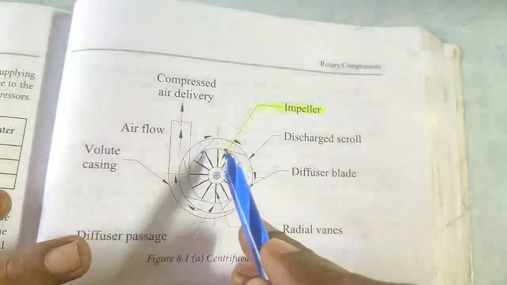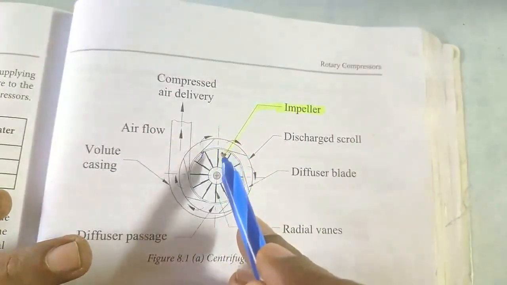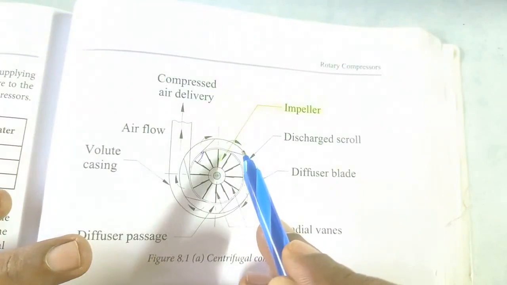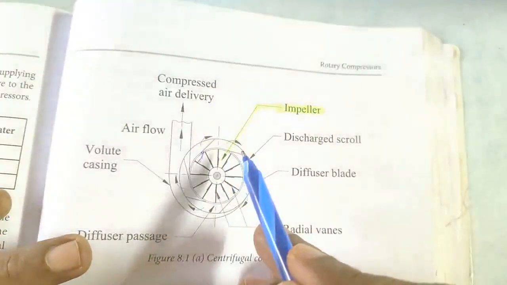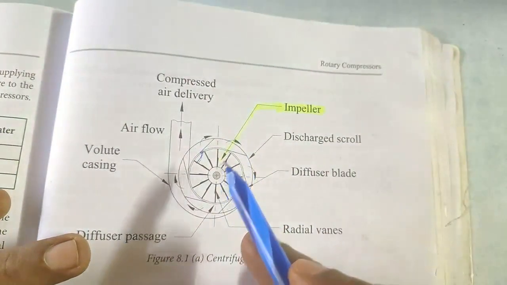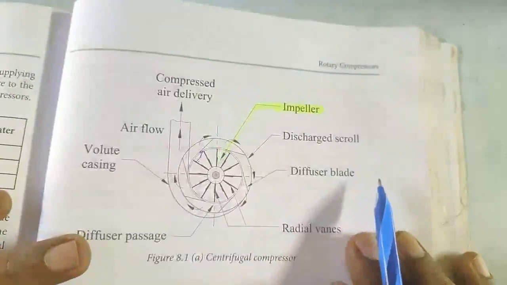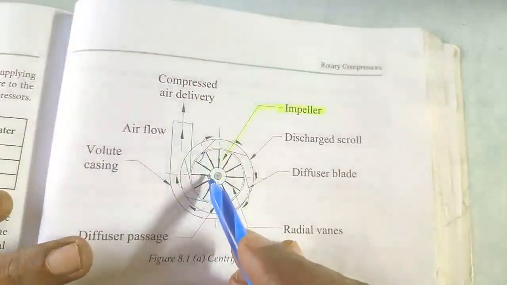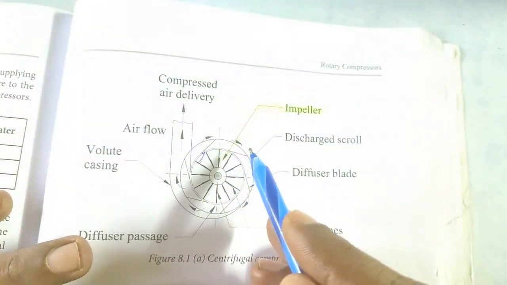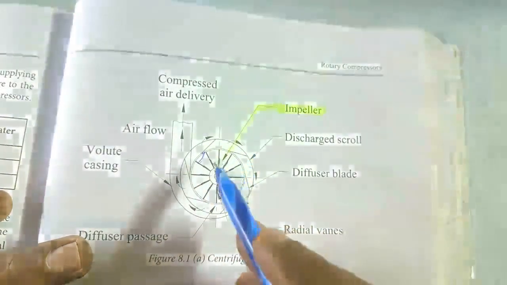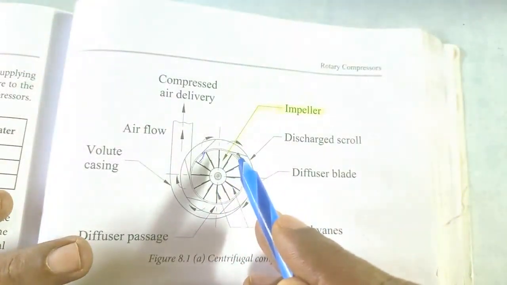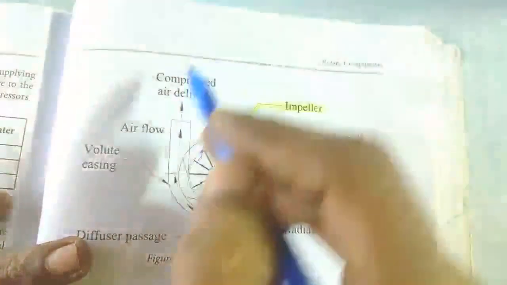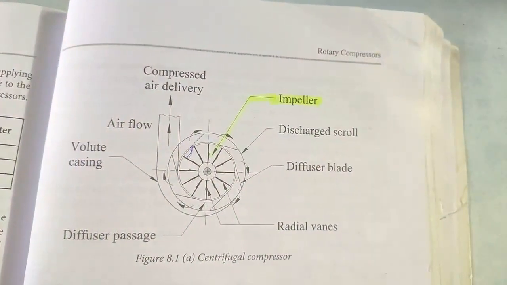From the impeller, it moves on to a gradually increasing cross-sectional area diffuser. Again, as the area is increasing, the dynamic pressure is converted to static pressure. So the total rise in static pressure is obtained both from the impeller and from the diffuser. Then it is taken downstream where it is delivered to the required applications.